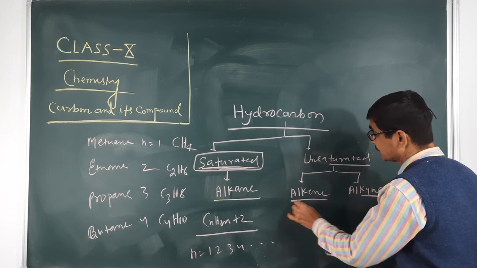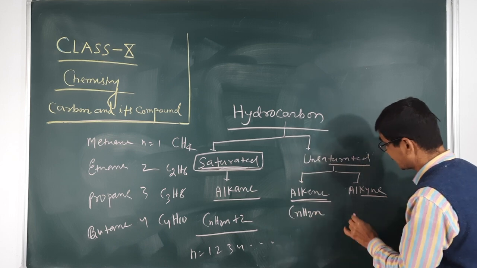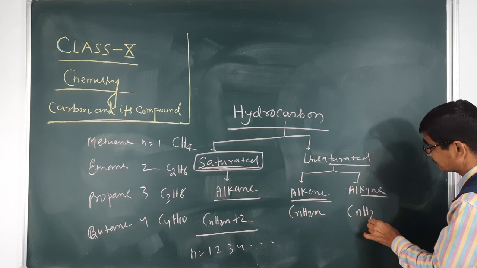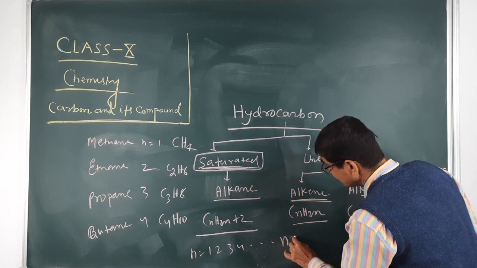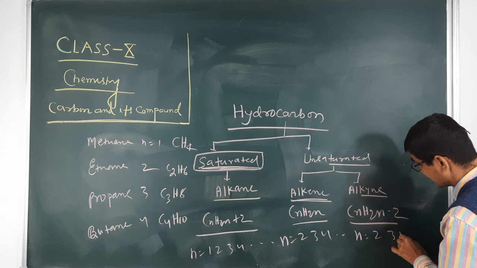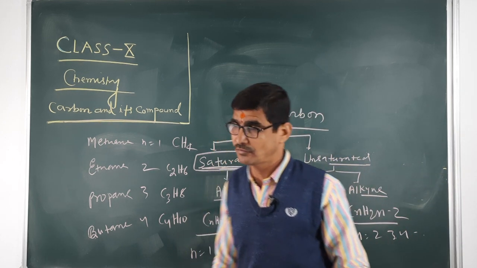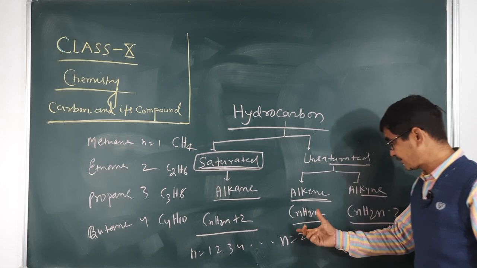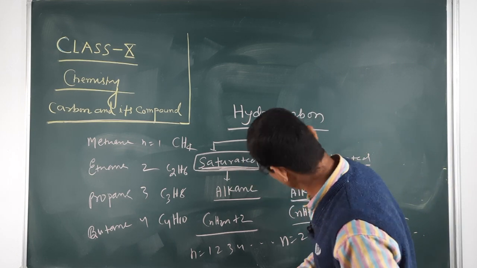Similarly, the general formula of alkene is CnH2n and alkyne is CnH2n-2. But n starts from 2 in both cases. Reason is that for double or triple covalent bond at least 2 carbons are required. Now let us understand one by one.